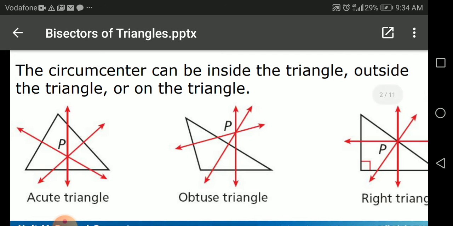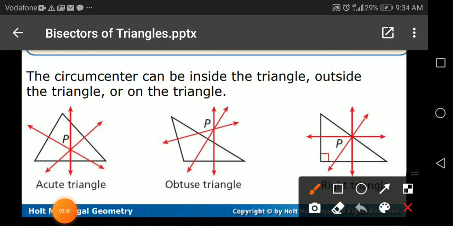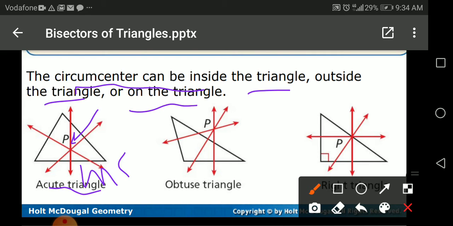Before solving the exercises, remember that here in this one, the circumcenter can be inside the triangle, outside the triangle, or on the triangle. What? Yes, in the acute triangle, the circumcenter is inside. Remember that, okay? What about the obtuse triangle?